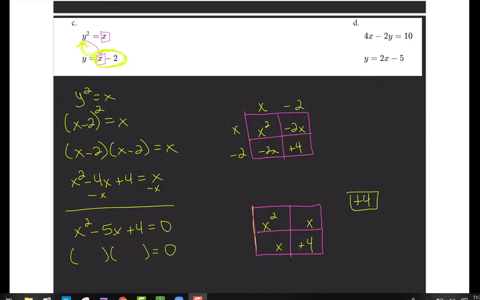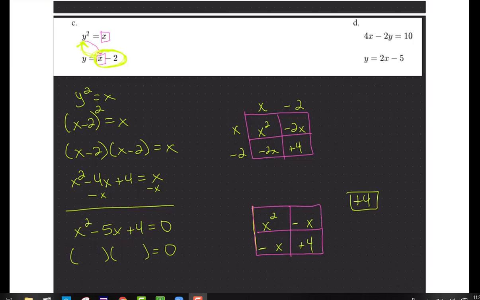So to get a positive number when it comes to multiplying, they can either be a positive positive, or they could be, how else are you going to get a positive number to multiply? A negative and a negative, right? So if it's going to be positive, the sign's got to be the same. And we have to get to a negative 5, so guess what that's going to tell us? They're both going to be negative. Yep.